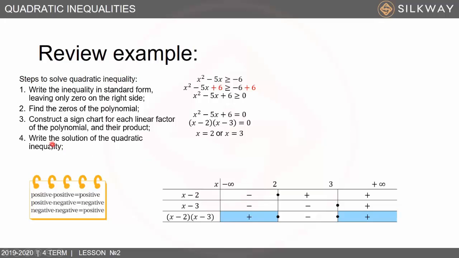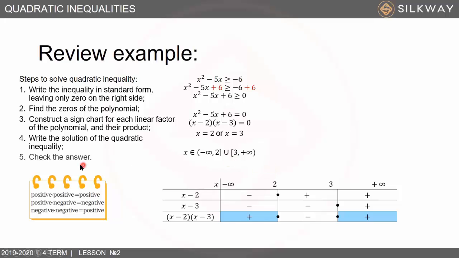Okay, and to write the solution of the quadratic inequality, we write here our solution, x is an element of from minus infinity to 2, and from 3 to plus infinity. We will have this type of brackets. It means that 2 and 3 are included in our solution.